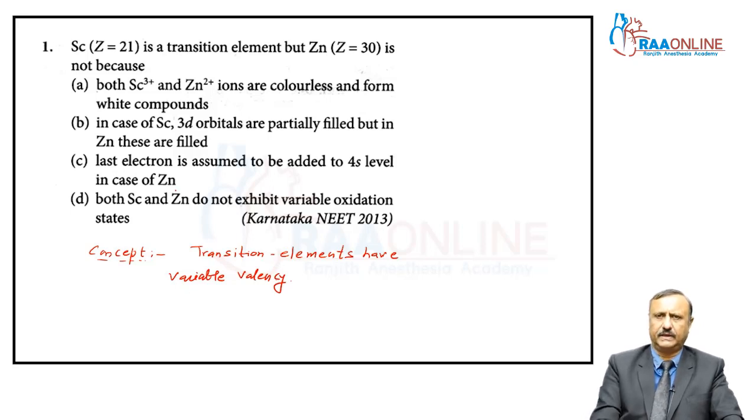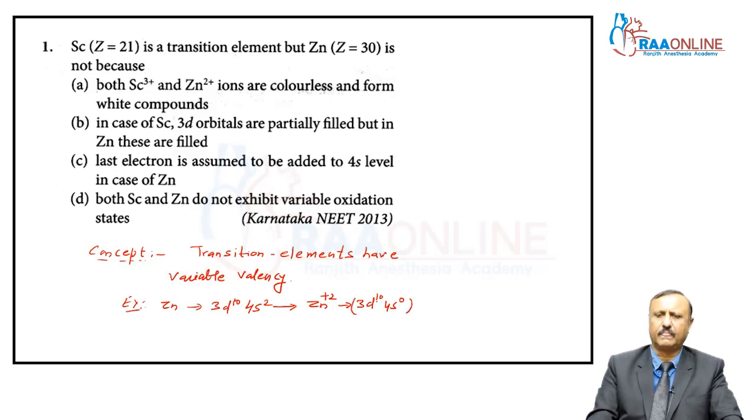Now here we can see in zinc. In zinc, my dear students, the outermost electronic configuration is 3d10 4s2. When this zinc is converted into Zn+2 ions, the electronic configuration is 3d10 4s0.